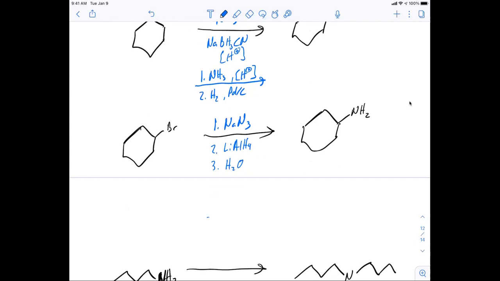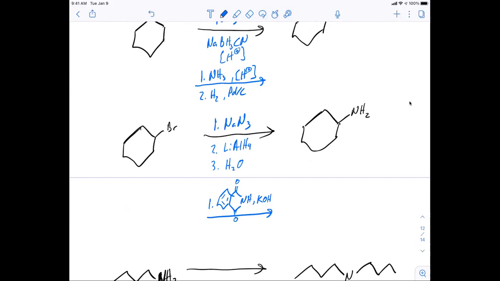But I could have also used the Gabriel synthesis, right? For the Gabriel synthesis, now in this one, it's a little bit different. I can show it this way, with the negative already there, or the way you usually see it is this and the potassium hydroxide.